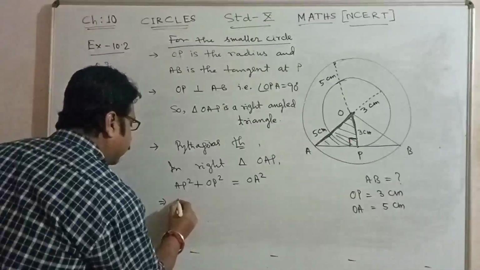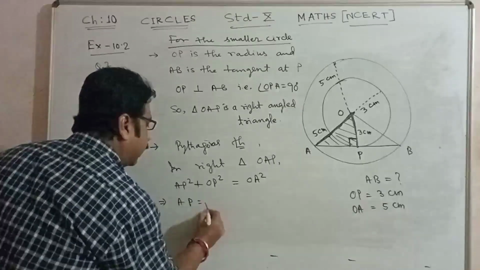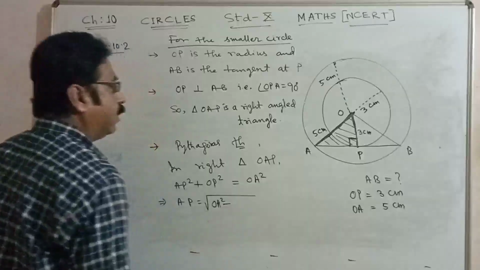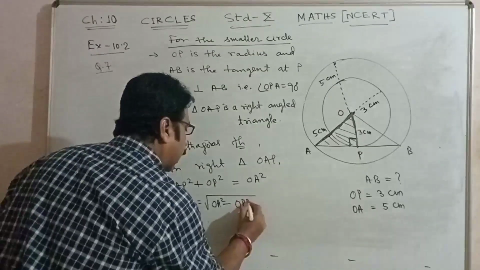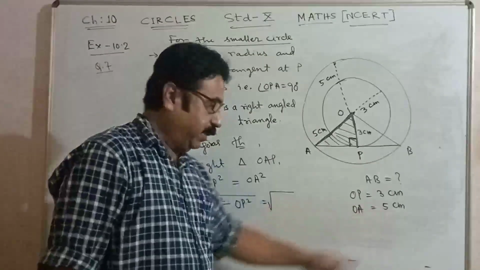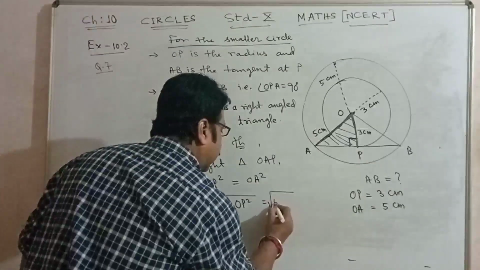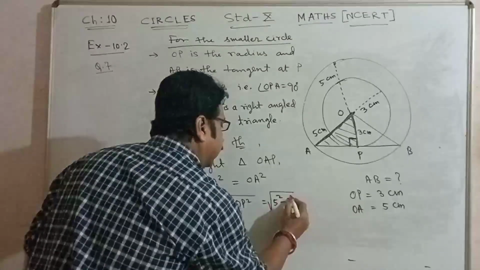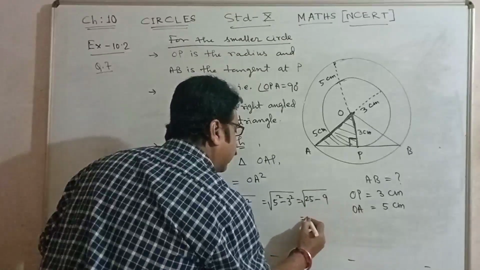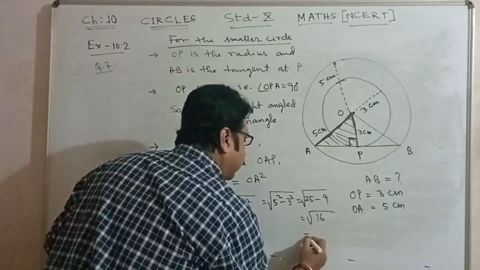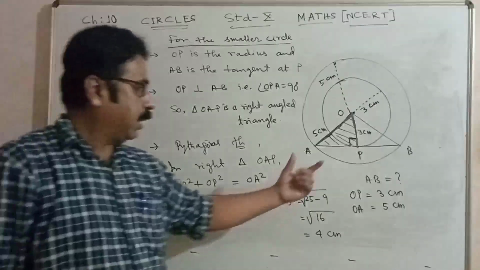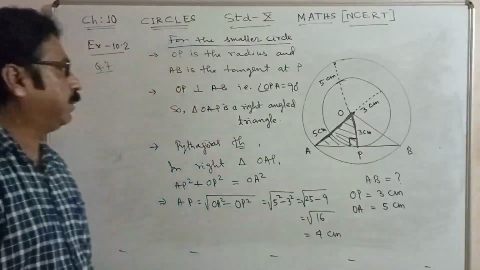AP is unknown, so AP we can write under root OA square minus OP square, means under root 5 square minus 3 square, means 25 minus 9, it will be 16, that means 4 centimeter. We got AP is 4 centimeter.